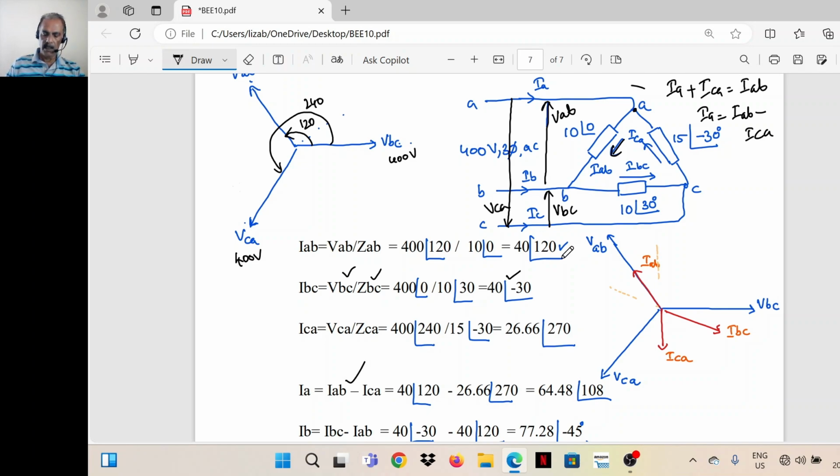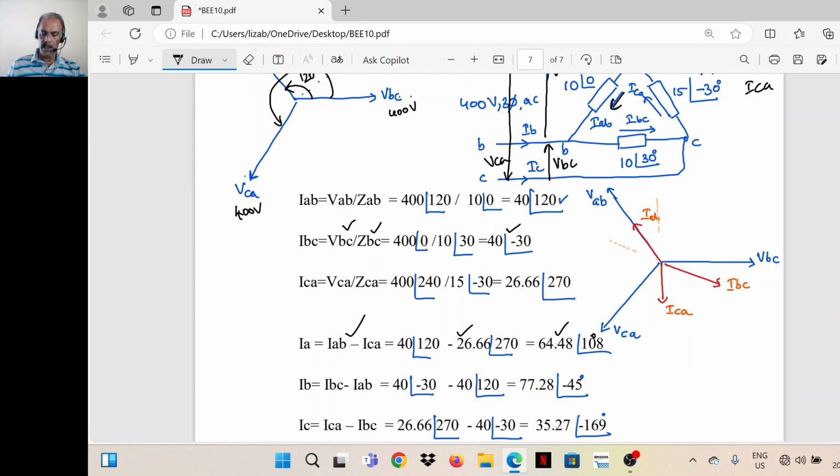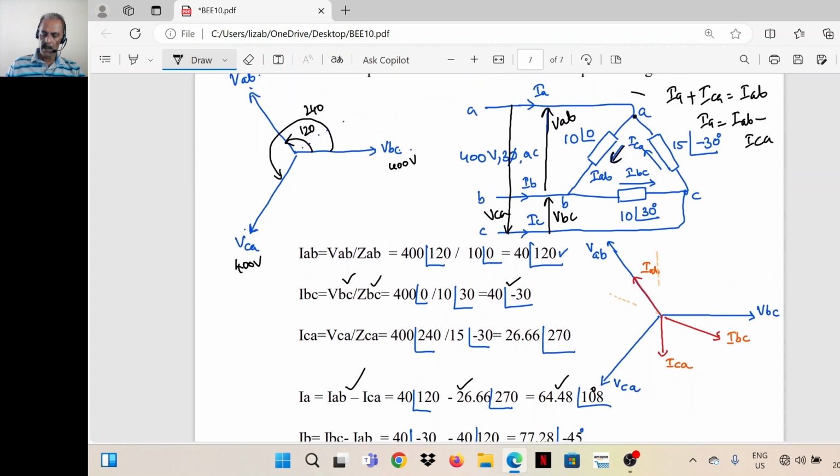IAB we know is 40 angle 120. ICA is 26.66 angle 270. Subtract it. You have to convert both these terms to rectangular coordinates, then simplify it and convert it back to polar. So we get 64.48 angle 108 degrees. Similarly, IB. Apply Kirchhoff's law to this junction.